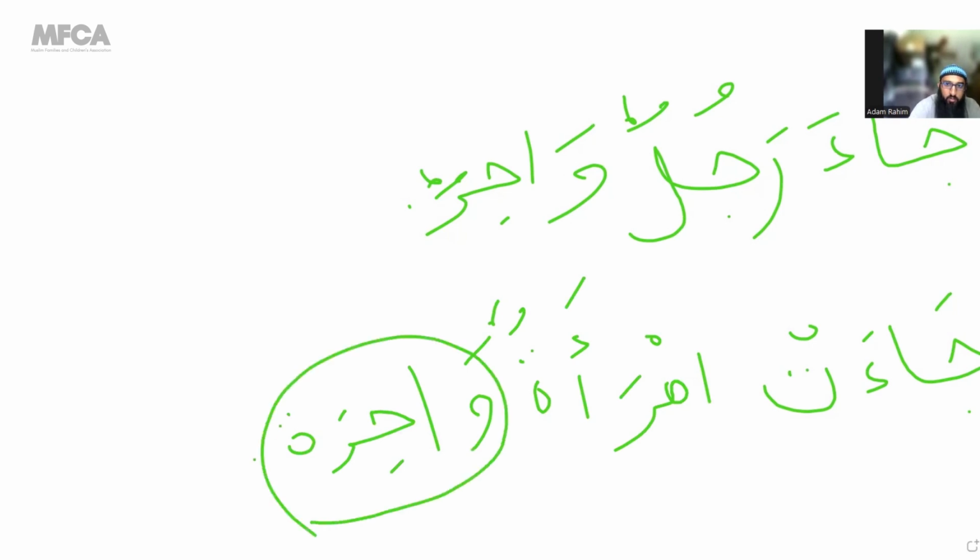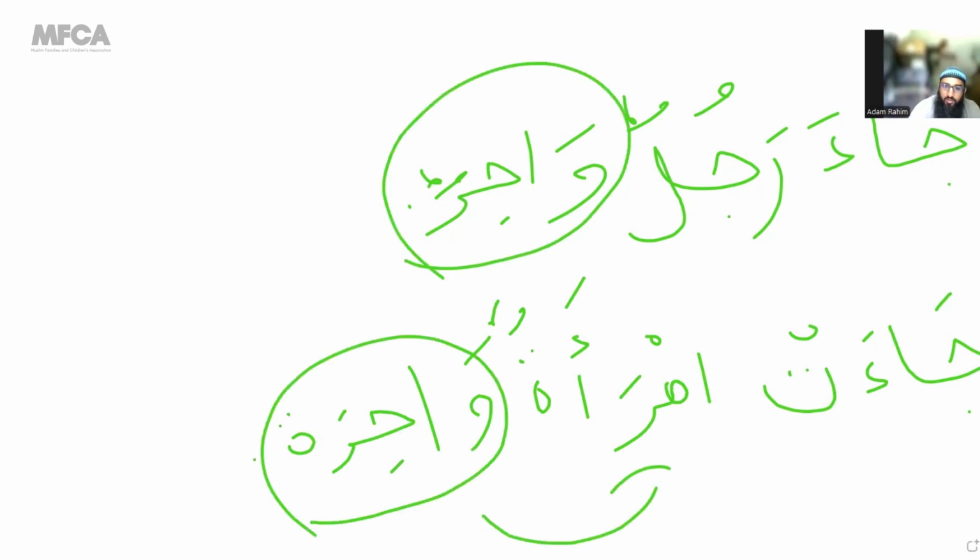This word is in agreement with this. رجل is مذكر, masculine, so واحد is also مذكر, masculine. امرأة is feminine, so واحدة is also feminine. So for the numbers 1 and 2, it agrees with the noun.